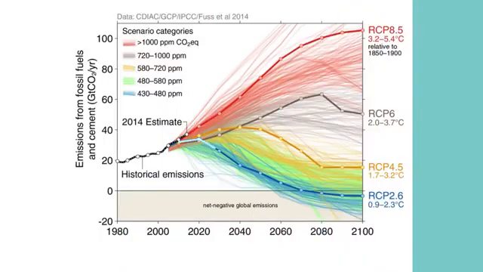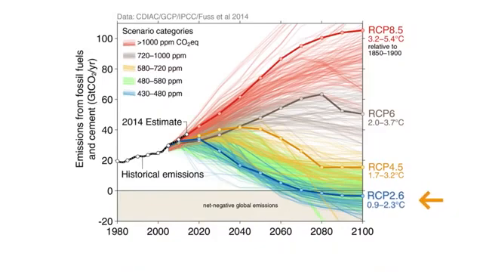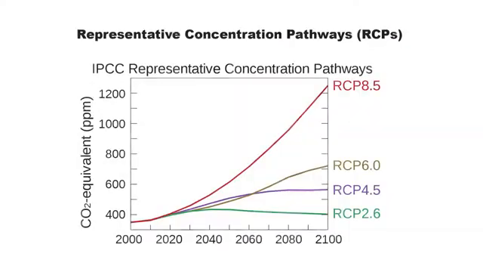For example, the RCP 2.6 scenario means that the climate system gains a total of 2.6 watts per square meter by 2100, while the RCP 8.5 means a gain of 8.5 watts per square meter. To put these values in perspective, the average energy input by the sun into our atmosphere is 78 watts per square meter.